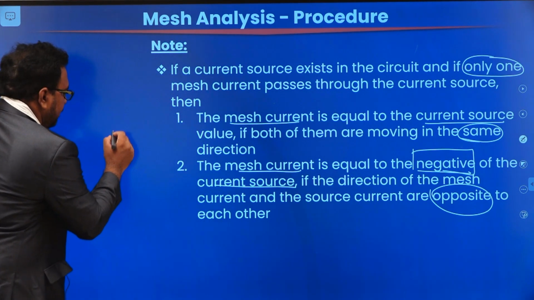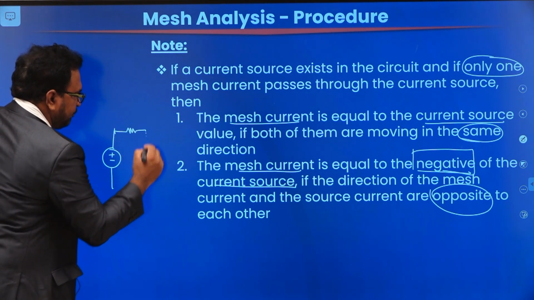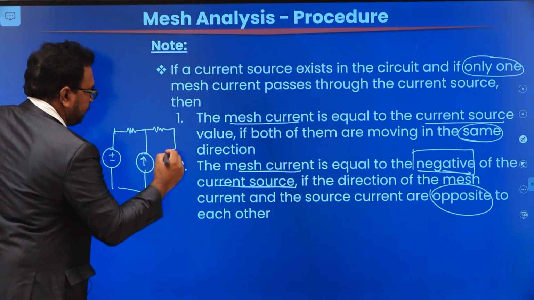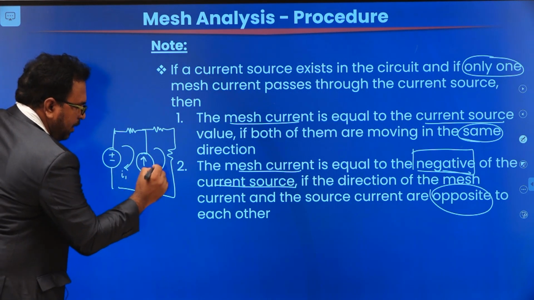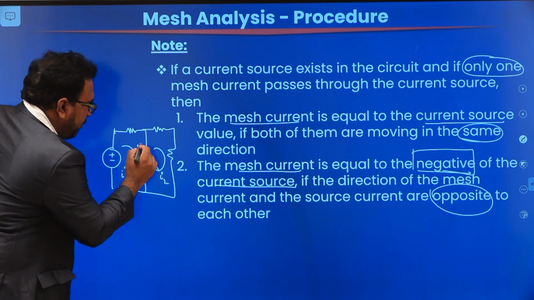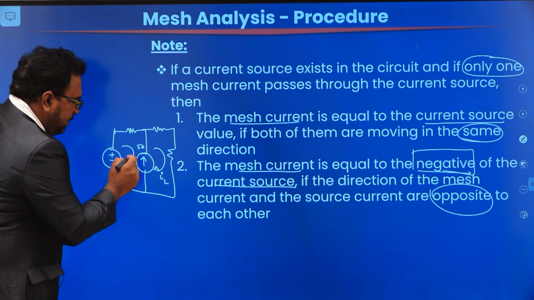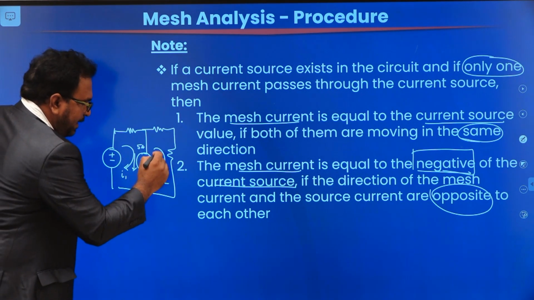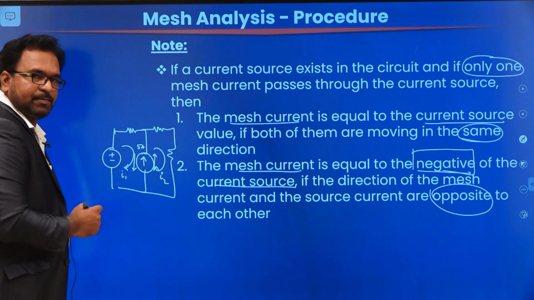That means if you have a circuit like this, assume this current as I1 and this current as I2. If you see here, the 5 ampere current source is common to the first mesh and the second mesh. In the first mesh, I1 is flowing downwards through the current source and in the second mesh, I2 is flowing upwards through the current source. Then what is the resultant current here?